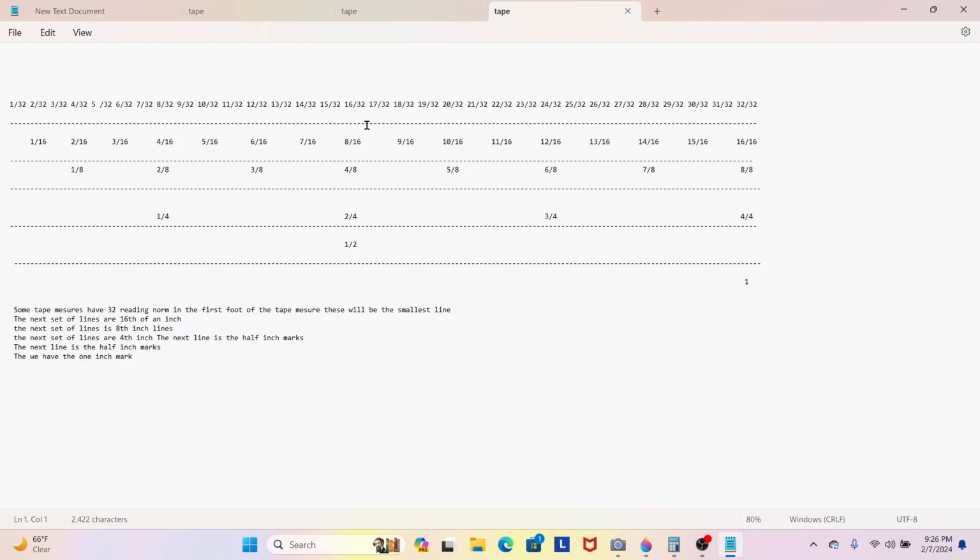So 16 by 32, if you divide that by 2, you're going to come up with 8/16. And if you divide that by 2 again, you're going to come up with 4/8. And if you divide that by 2 again, you're going to come up with 2/4. And finally, if you divide that by 2, you're going to come up with 1/2 if you wanted to reduce it. But we all know that 16/32, 16 can divide into 32, so you can just go 16 divided by 32 is going to be 1/2 down the bottom.